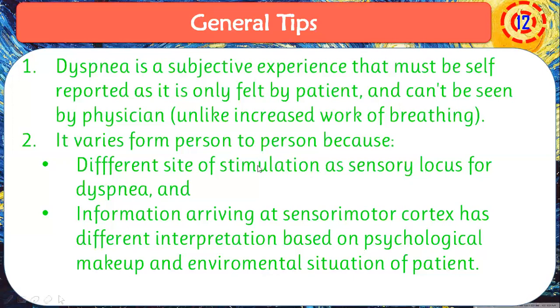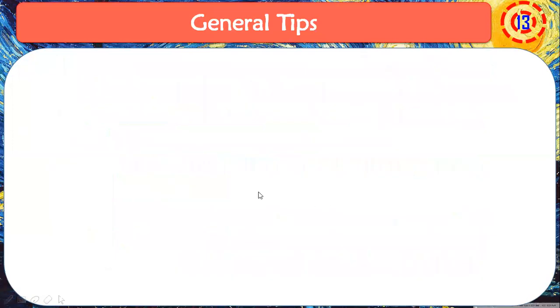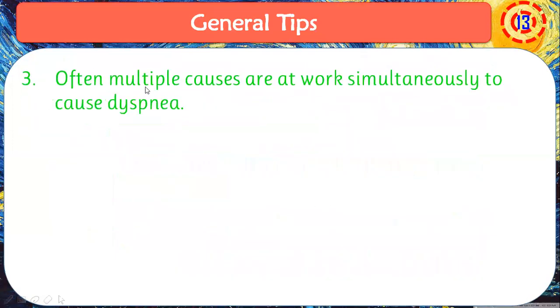So that also gives us our third point that we had said, that is, there's interaction among multiple factors, like, as we said, physiological, that is the basic mechanism, and then psychological factors, environmental factors, or social situation, or how the patient should be reacting. So such kind of things. So it is often multiple causes that work simultaneously for causing dyspnea.